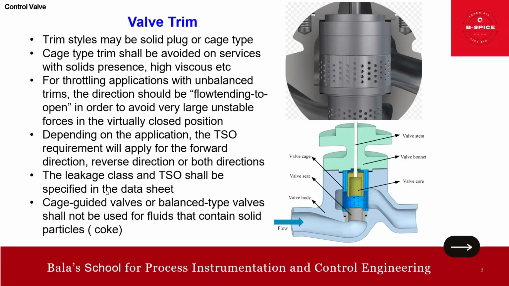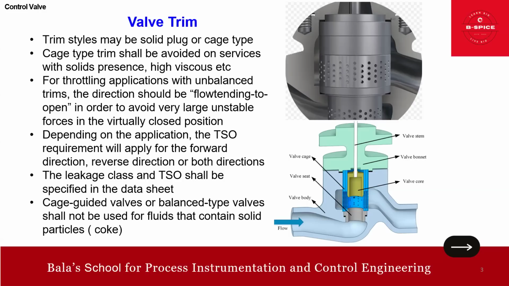Okay. So cage guided valve or balanced type valve shall not be used for fluid that contains solid particles. So that is also another point. Cage guided, this kind of thing, or balanced type. Again, I will explain that next time. Balanced type means there will be a hole actually. Right, friends? How and all I'll explain.